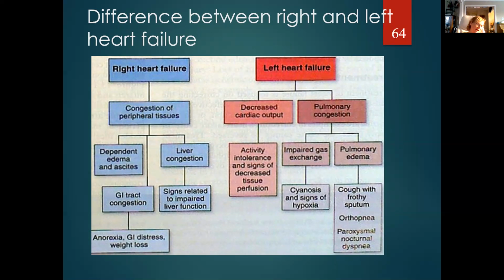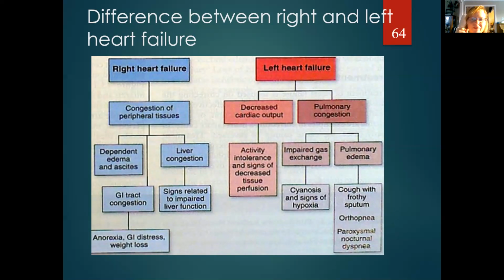That leads to a loss of appetite, GI symptoms, and actually sometimes you have weight loss associated with that GI system issue. We also, though, are always keeping our eye out for weight gain that is related to a sudden increase in heart failure.